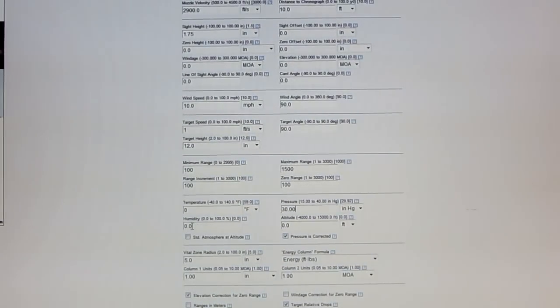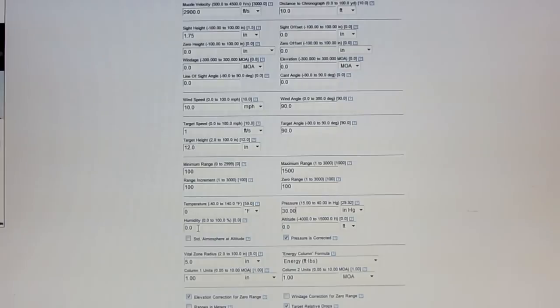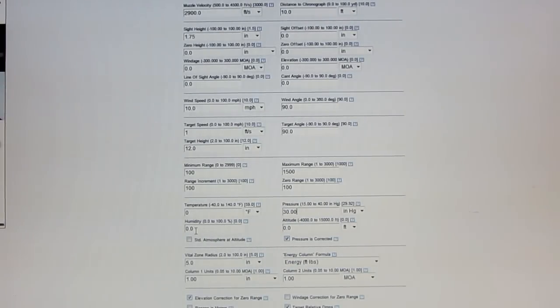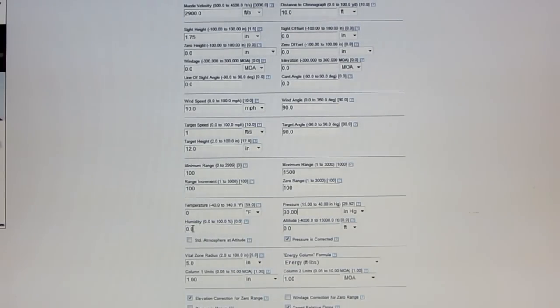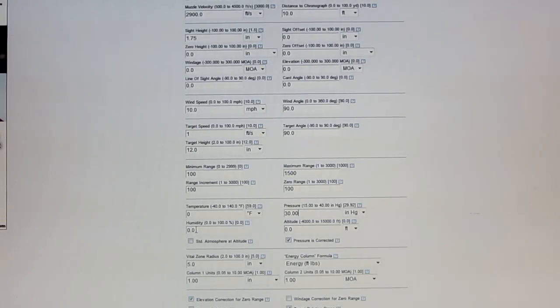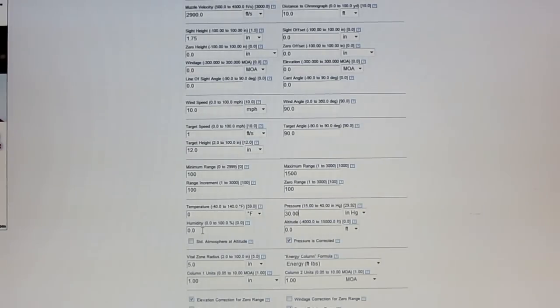And our humidity. Now this is something that's going to vary based on your conditions. I would type in the humidity that's the average conditions for your area of operations. And if you remember from the humidity videos, it's a very, very tiny deflection for humidity differences out in the field in reality.